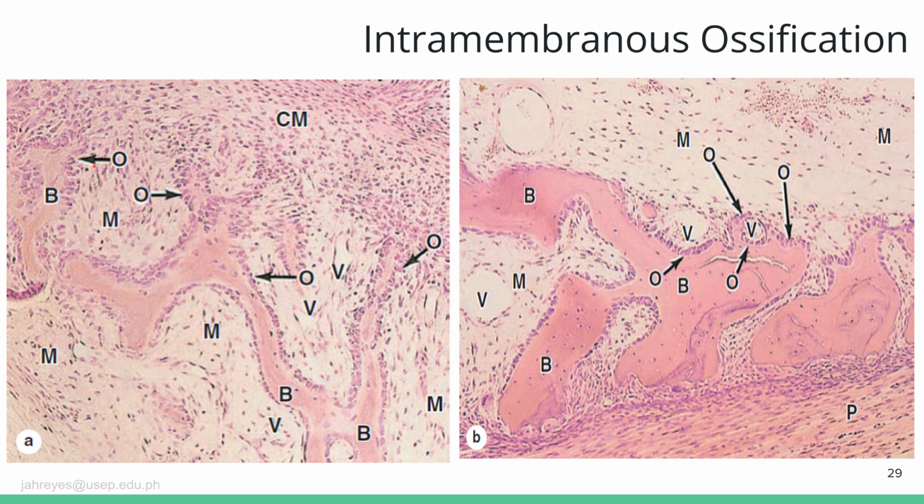So that will consist of aggregates of mesenchymal derived osteoprogenitor cells, and they will differentiate into bone secreting cells, the osteoblasts, and then they will begin to deposit unmineralized bone matrix, which is the osteoid. So this is a more mineralized appearance of the intramembranous ossification.